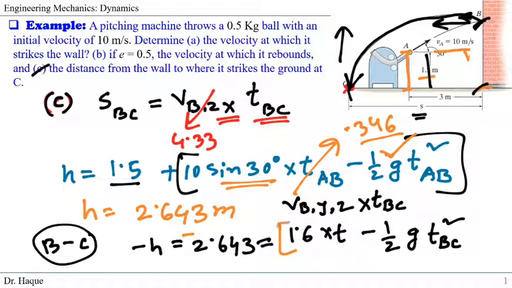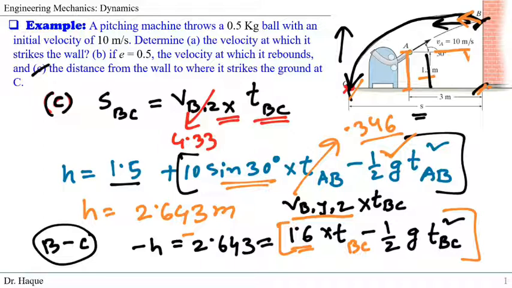This term is the initial velocity, and time is TBC, which we're looking for, B to C. And what would be the velocity? We're using the rebound velocity, and which component should we use, x or y? Y. So that's why we call it VB2 y, the rebound velocity y component, which is 1.6.